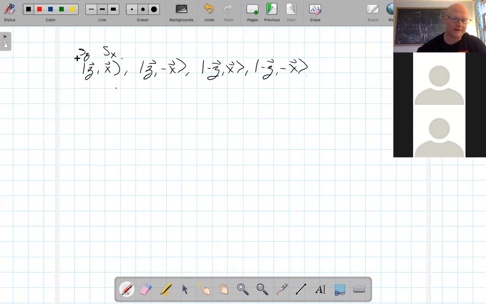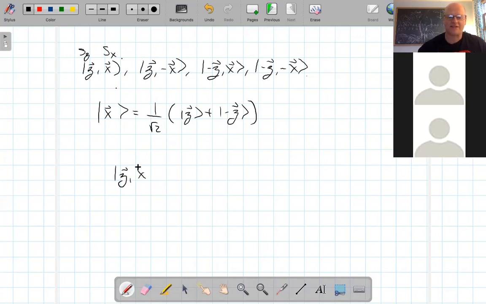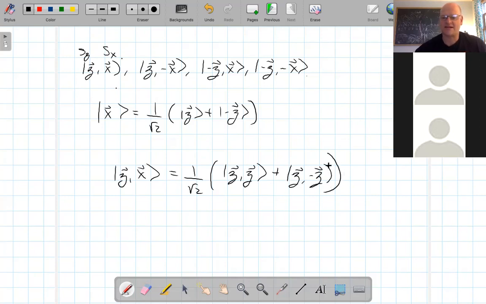Now, this one, the SZ with the X, is actually related to SZ and SZ by the fact that, remember, X by itself is equal to 1 over the square root of 2 of Z plus minus Z. This means I could rewrite this spin combination in terms of Z for both of them as 1 over the square root of 2, and in this case I would have Z with a plus Z minus Z. So in this case, this would be my spin vector for this guy.